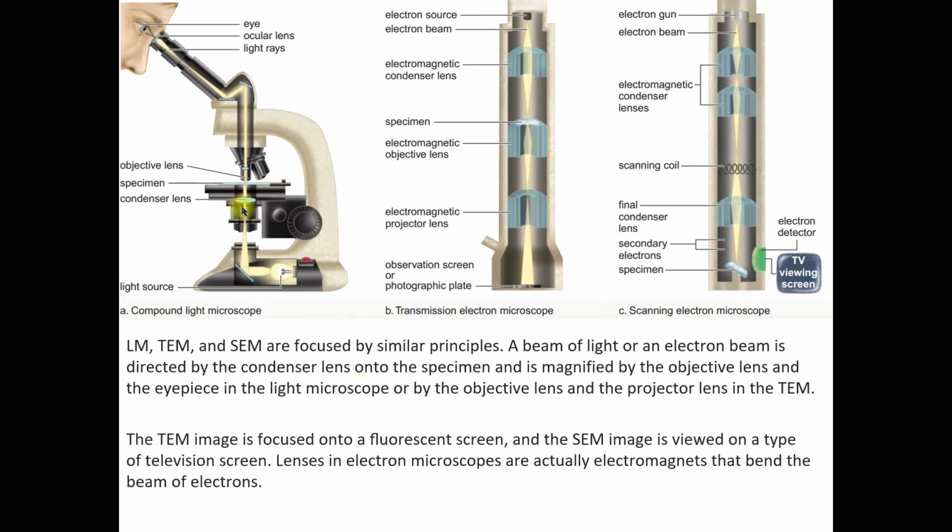You can see the condenser lens here for the light microscope, and the condenser lens here for the transmission and the scanning electron microscope. The electron microscopes have two condenser lenses.